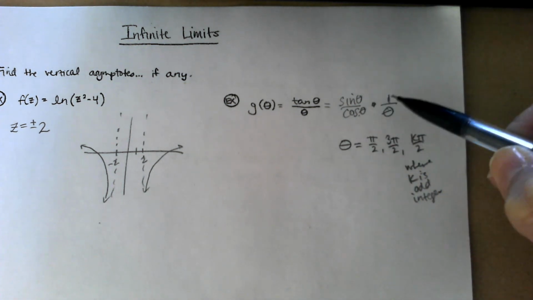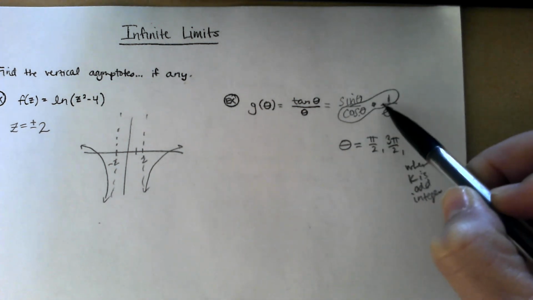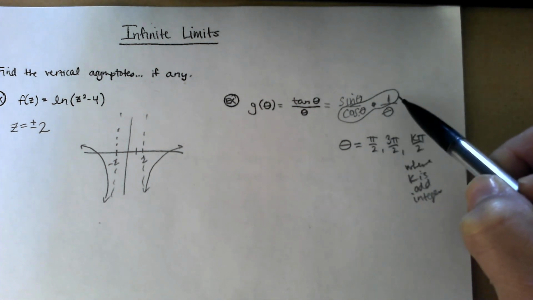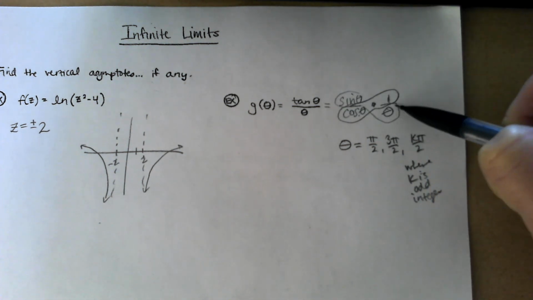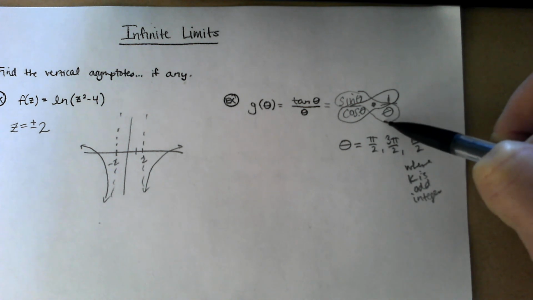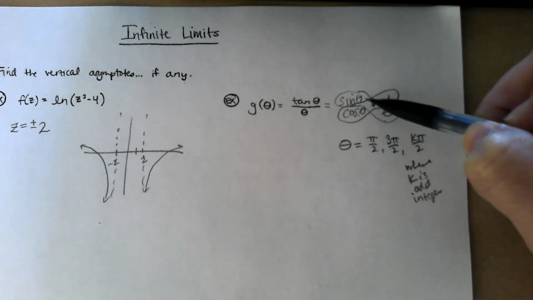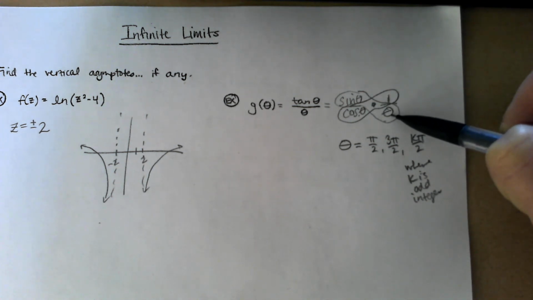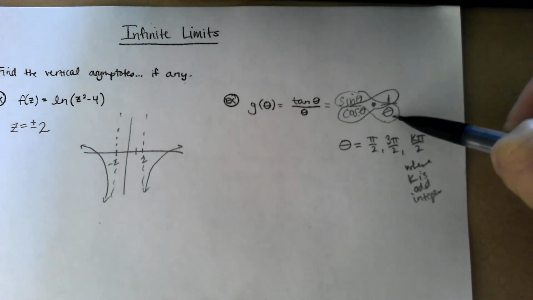So when you do that, you have this, which is essentially the secant graph, which definitely has lots of asymptotes. And then this graph, though, it's not an asymptote at 0. This is the graph that we looked at where the limit as theta approached 0 was 1. Even though it's undefined at theta equals 0, it's not because it's an asymptote.